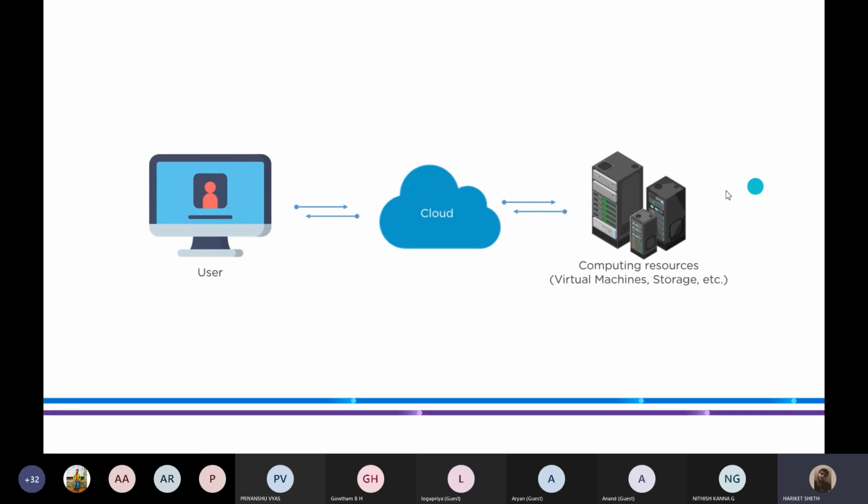Here you can see cloud acting as a middle person between the computing resources available and the users. The cloud service provider comes in the middle. They provide you these services based on their company guidelines, including virtual machines, storage, databases, and more, and make them available to users.